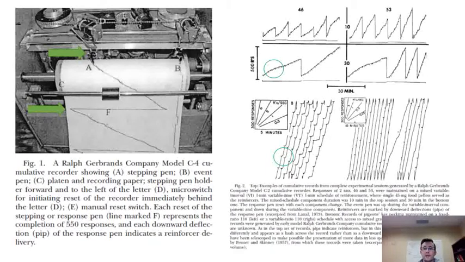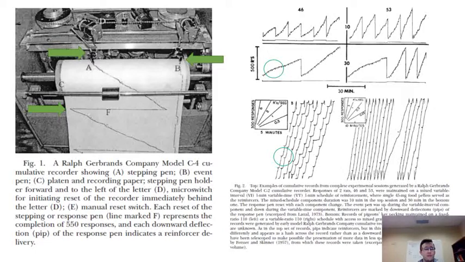And lastly, another pen moved up or down to mark the occurrence of other events of interest, including specific responses or stimuli. That's what we have here indicated by this green arrow, another pen making additional markings at the bottom of the graph.